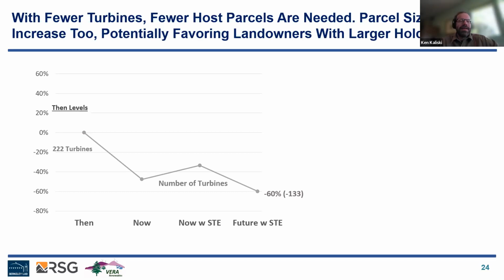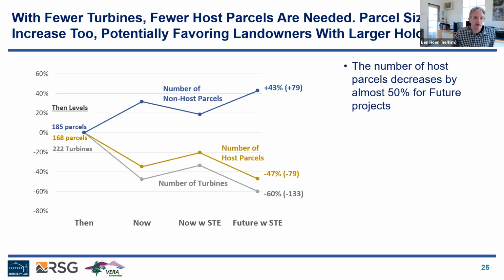Okay, so the last bit of results here, I mentioned that we wanted to look at land use. You've seen this. We discussed that there are much fewer turbines in this land constrained area as these turbines increase in height and go from then to future. Because of those fewer turbines, there are fewer host parcels, right?